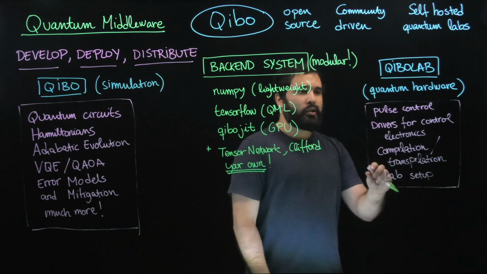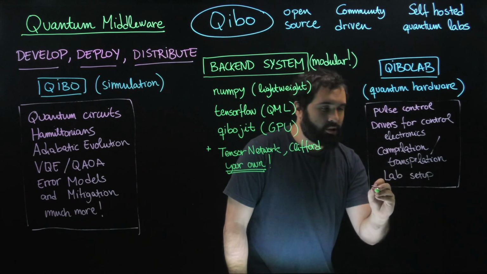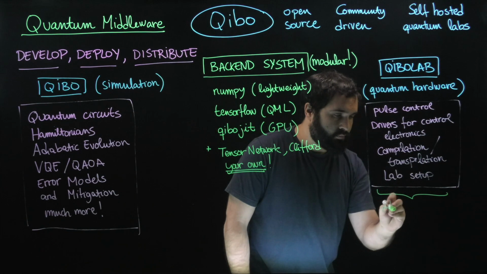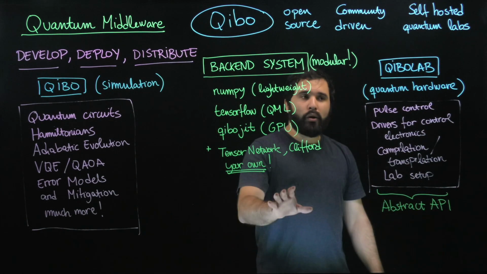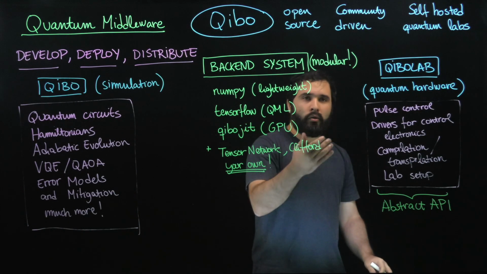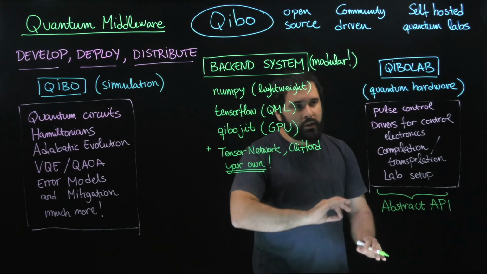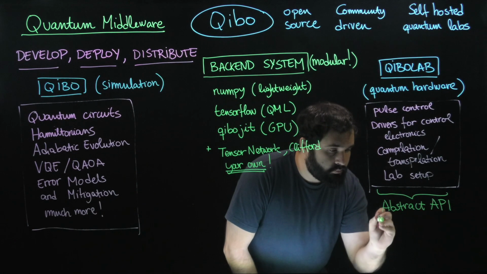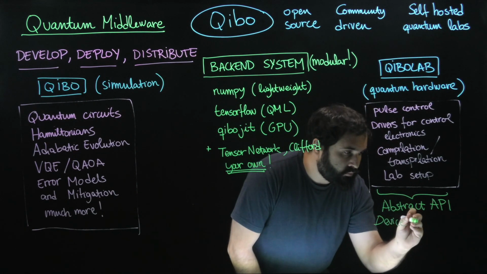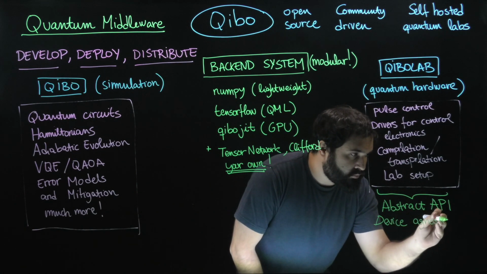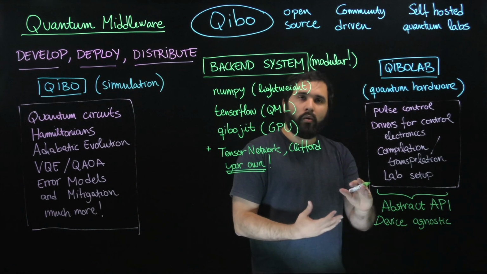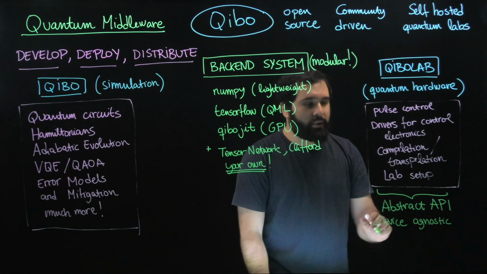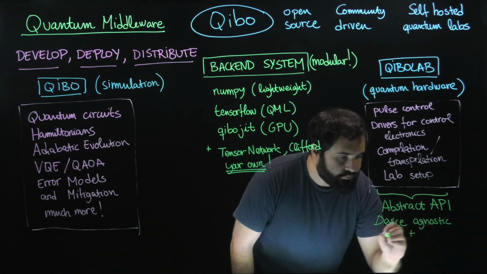So all of these features can be accessed through an abstract API that lets you program your low-level routines in a device-agnostic way, but having open full low-level control for the experimentalist.